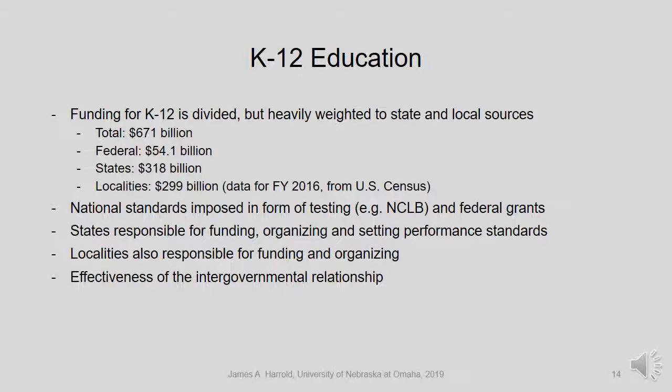States are responsible for a bulk of the funding, as well as organizing the districts and setting performance standards, for example, high school graduation standards in the state. But localities are also responsible for some of those things. Localities are also responsible for funding and organizing their districts and hiring their teachers. And so we see a lot of overlap.